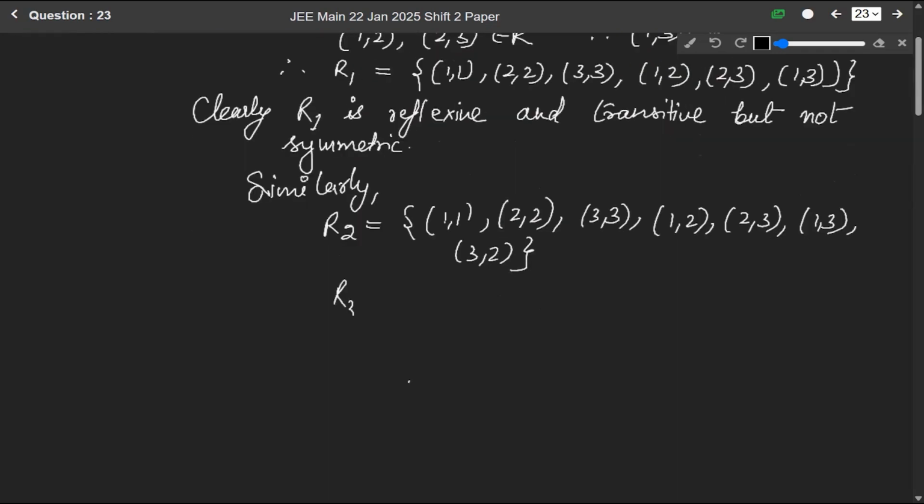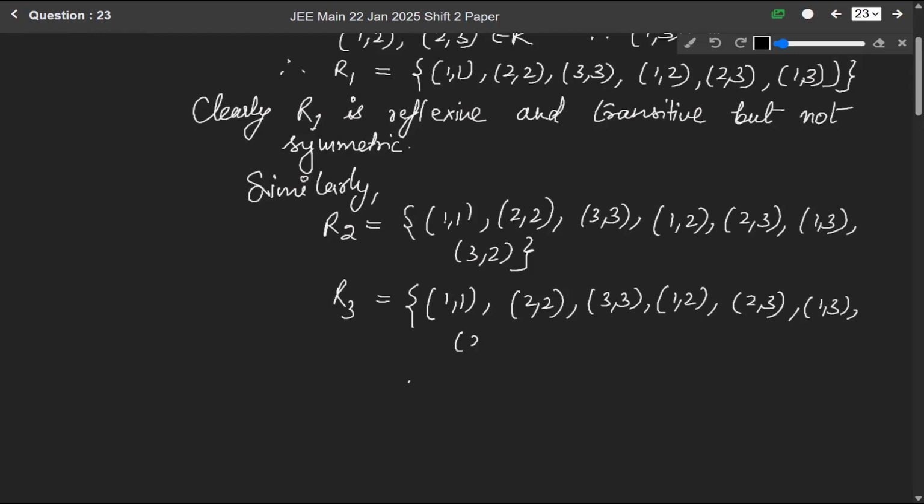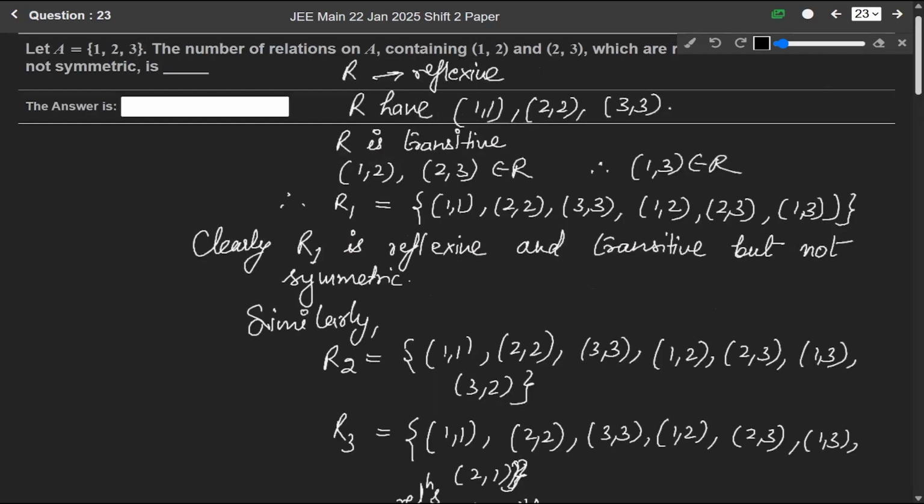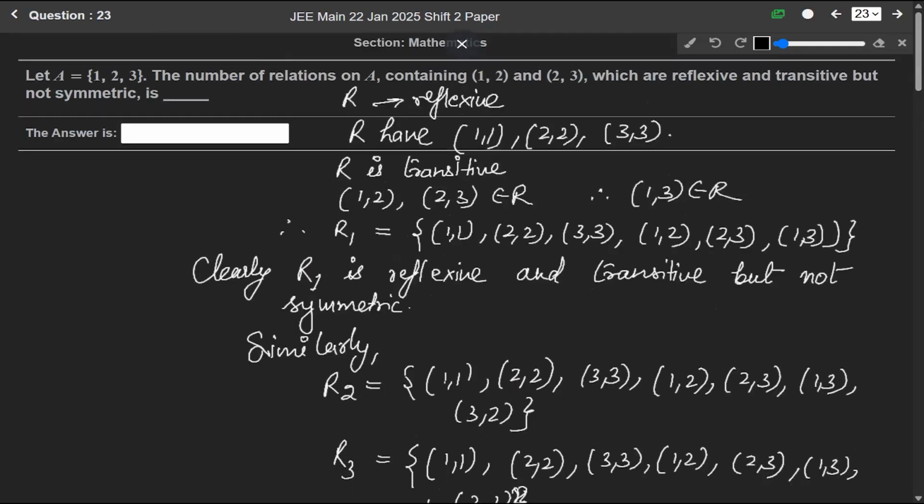And similarly, R3 will be equal to {(1,1), (2,2), (3,3), (1,2), (2,3), (1,3) and (2,1)}. Okay. So three relations are possible. Therefore, the number of relations which are reflexive and transitive but not symmetric will be 3 here.